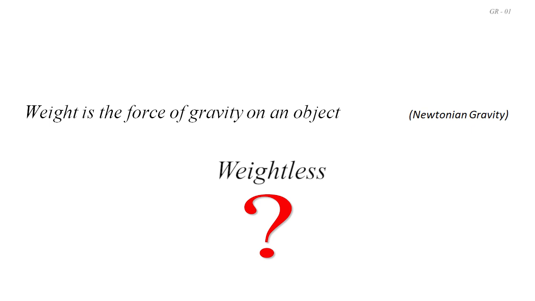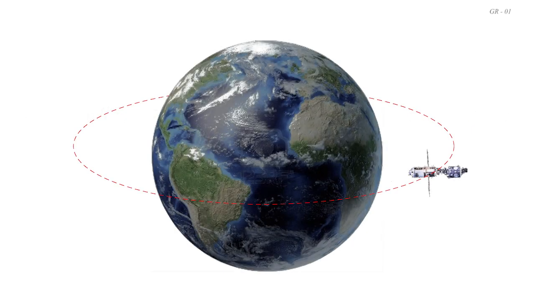Now granted, we can understand and explain this phenomenon of floating in an orbital spaceship by saying that the spaceship and things inside it are falling together, and so the occupants float within the spaceship. But one can appreciate the confusion that this definition of weight can produce in the minds of some students.